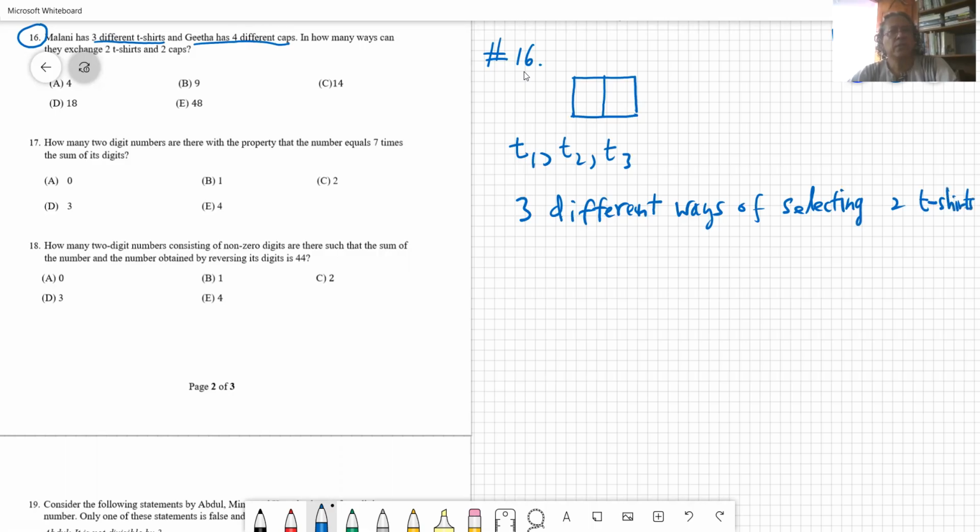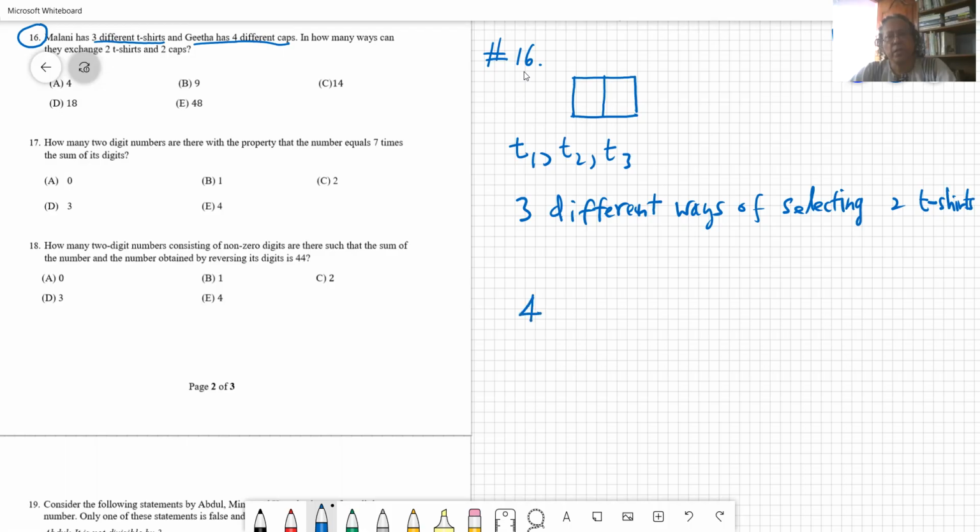And what about selecting 2 different caps from 4 different caps, right? Now here we could look at this in this way. We pick a cap from these 4 different caps, so that we can do in 4 different ways.